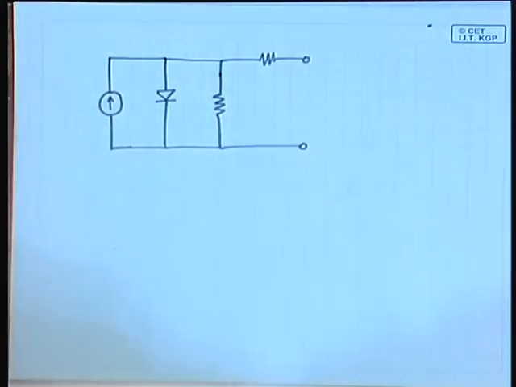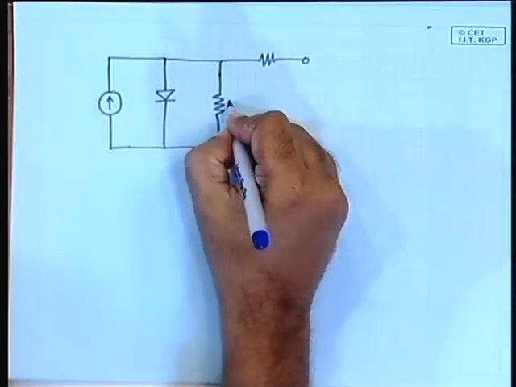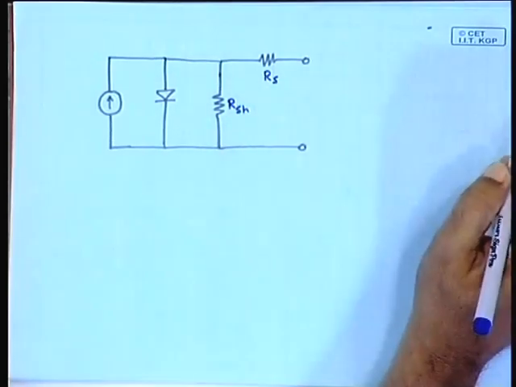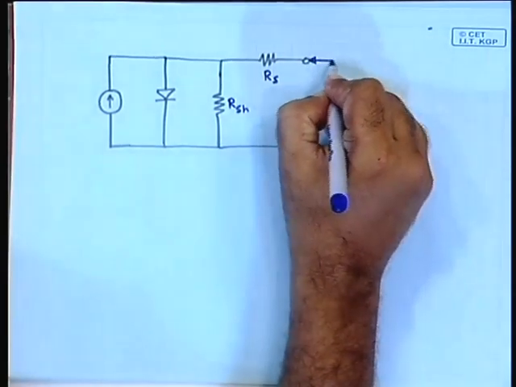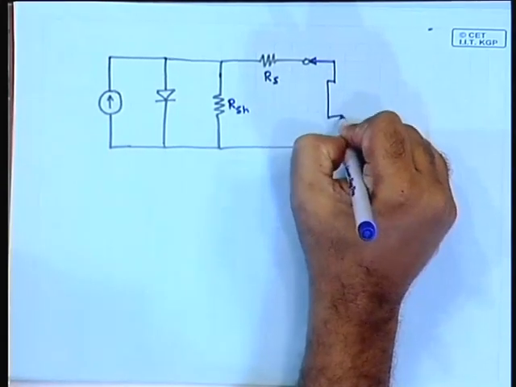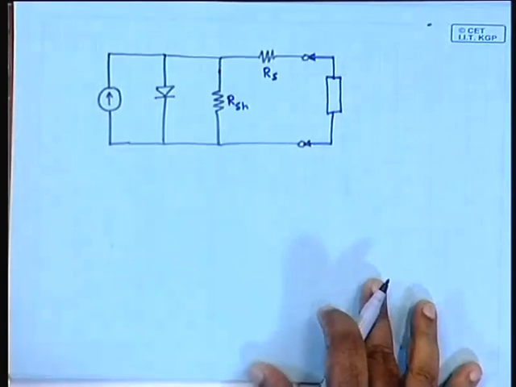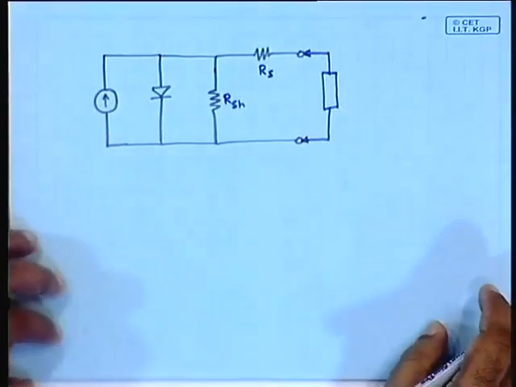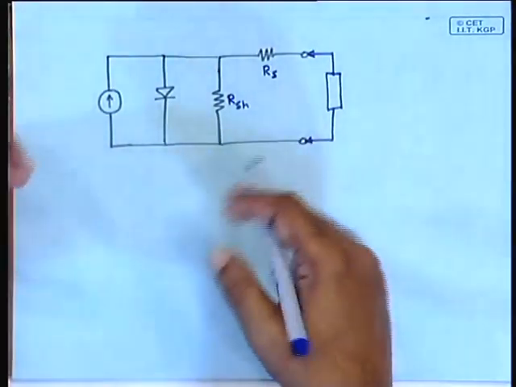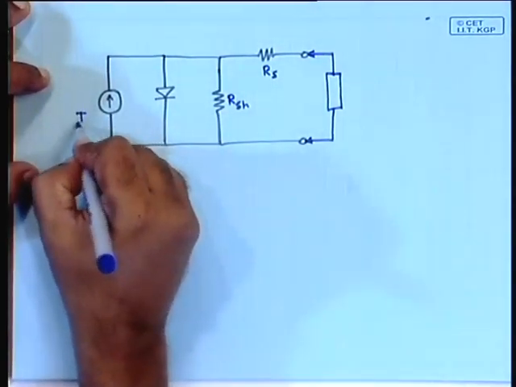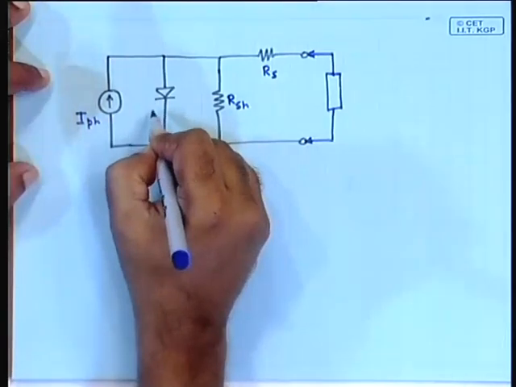So, you have these elements, this is RSH and RS, and here we are connecting whatever the load is. And we have seen that the basic equation of this one can be written as, here is the photo current IPH and here is the diode current.